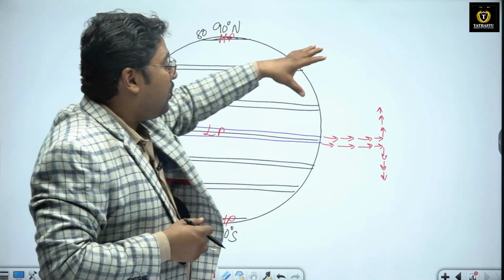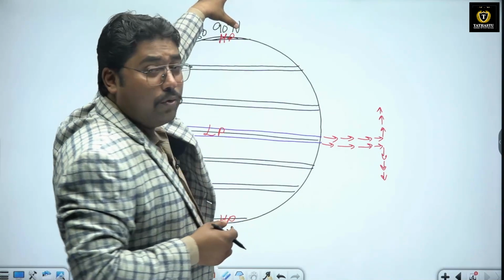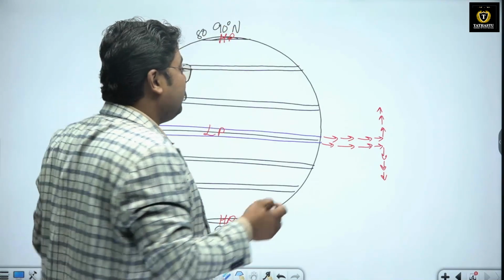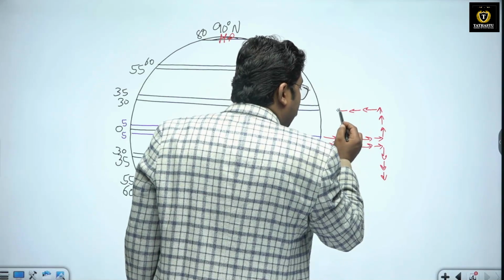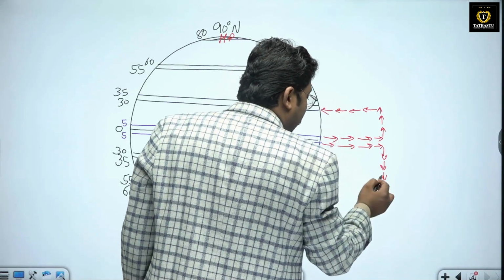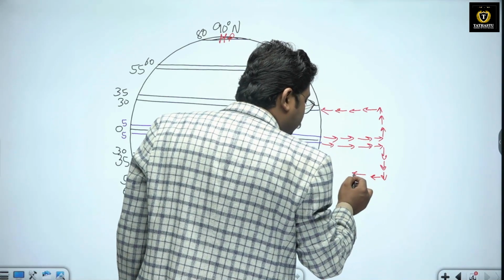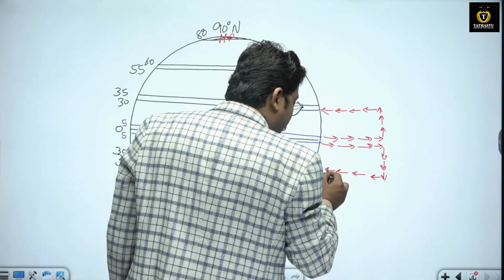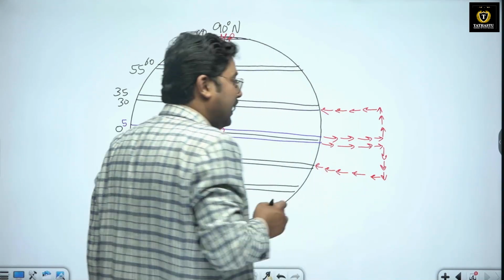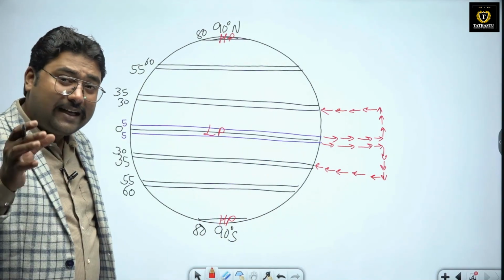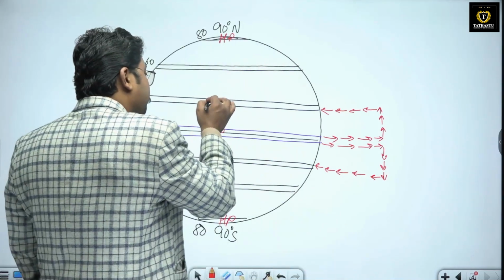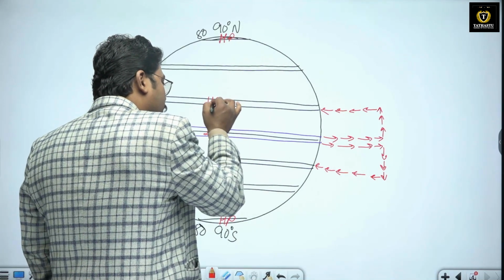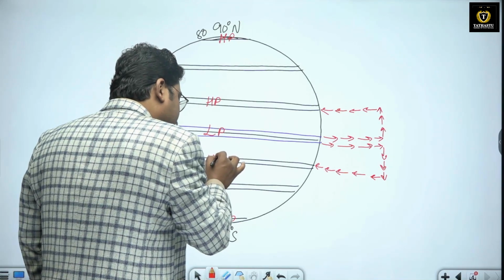They will become unable to move to pole and rather they will start sinking on 30-35 degree latitude in both the hemispheres. And when they will sink, if you remember, the sinking air over surface creates which pressure? So it is high pressure.